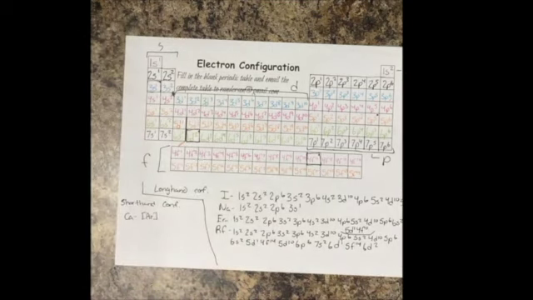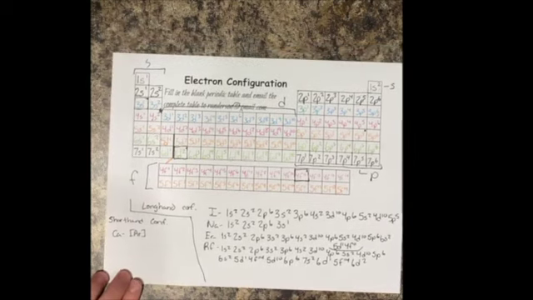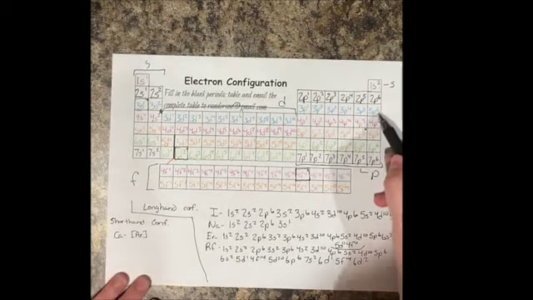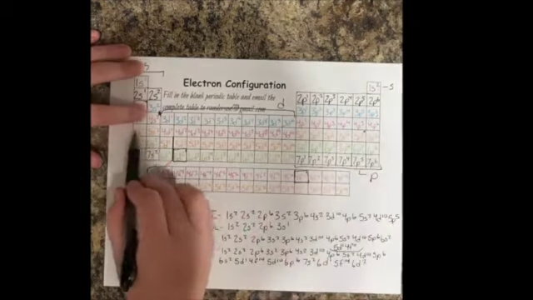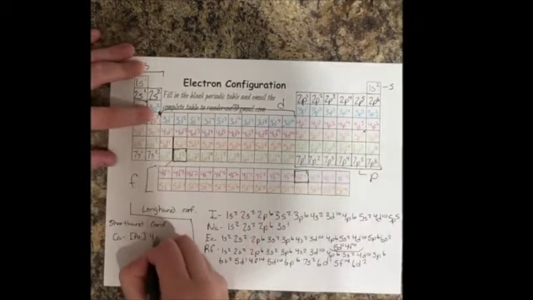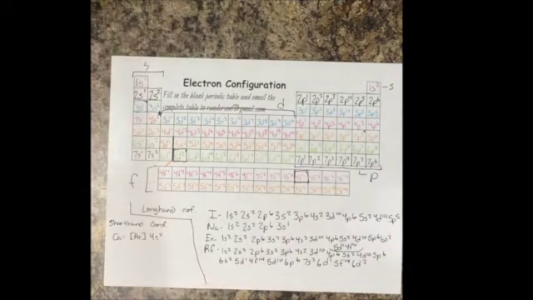If you put parentheses, that is incorrect because brackets mean it's all summed up into that element. All right, so right here's argon, and then now we just write everything after that until we get to the element we're looking for. Well, in this case, we just need to go to 4s2, so I would just write 4s2, and that is the shorthand for calcium. Okay, let's do another one.